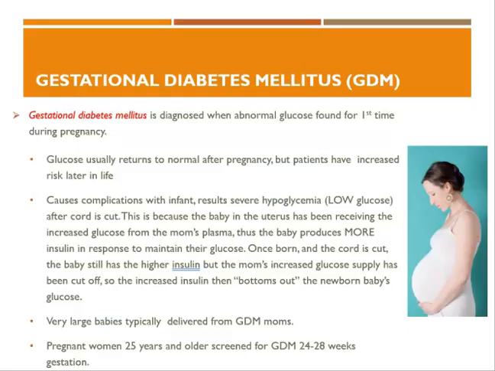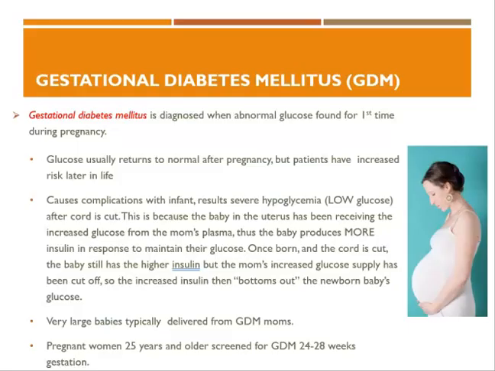This usually causes complications with the infant as a result of severe hypoglycemia, or low glucose, after the cord is cut. This is because the baby in the uterus has been receiving an increased amount of glucose from the mother's plasma. Thus, the baby produces more insulin in response to maintain their glucose. Once born, the cord is cut and the baby still has a higher insulin level, but the mom's increased glucose supply has been cut off.